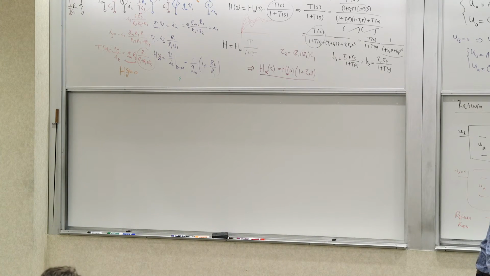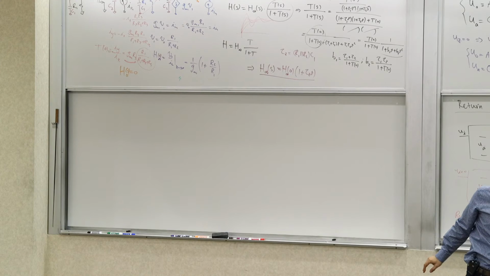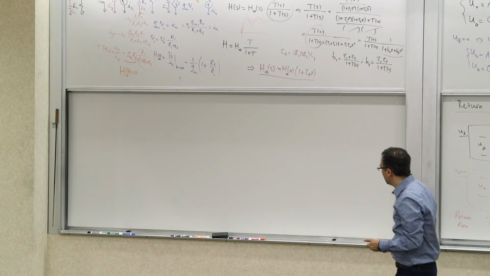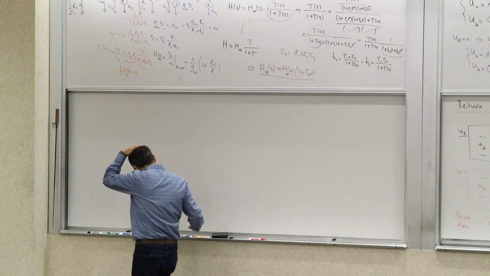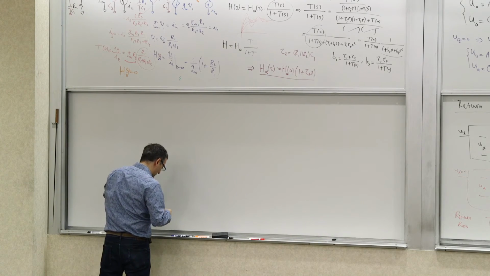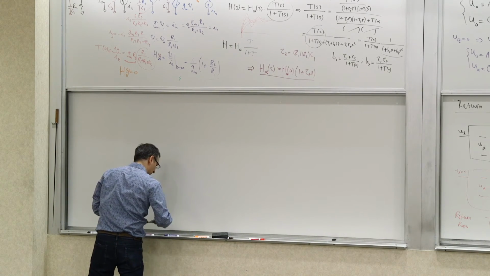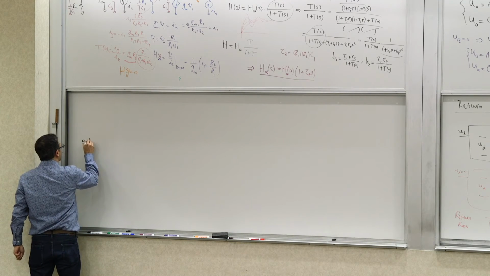So this example is actually our first transistor level example that we did, which is, I think, a series shunt feedback network. So it kind of looked like this.